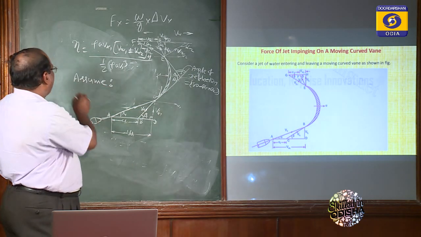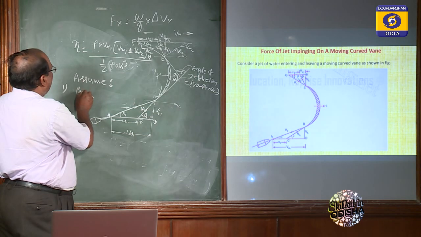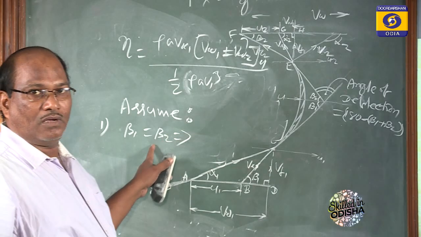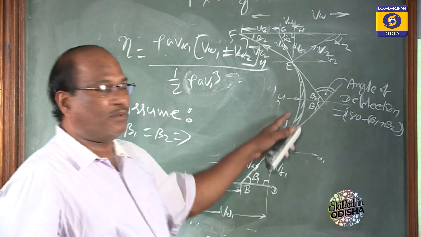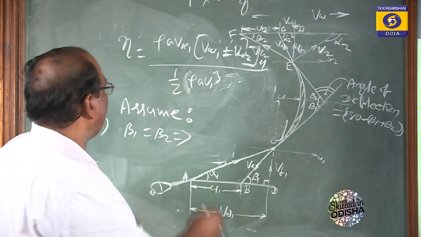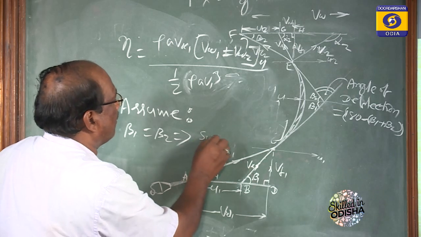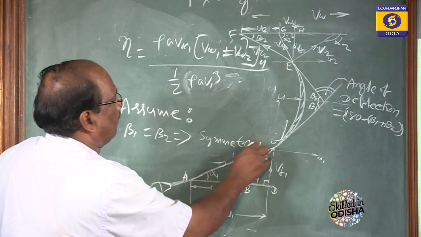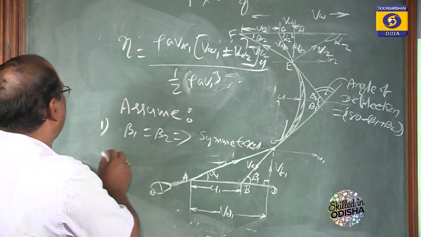Assumption 1: beta 1 equal to beta 2 if the vane is symmetrical. Remember, symmetrical vanes.